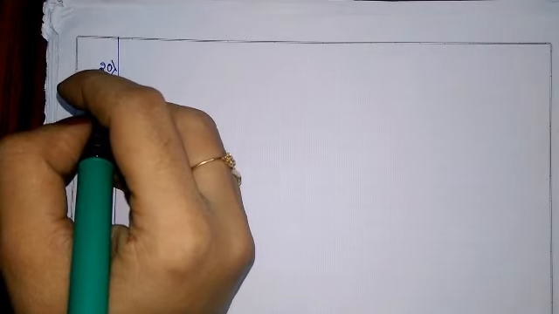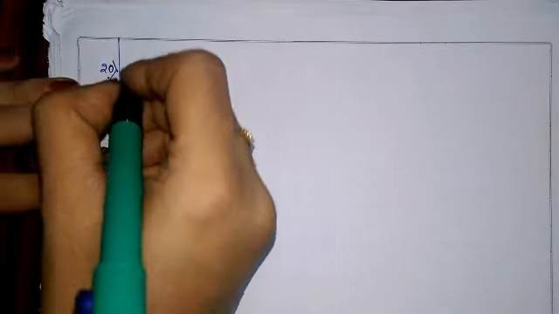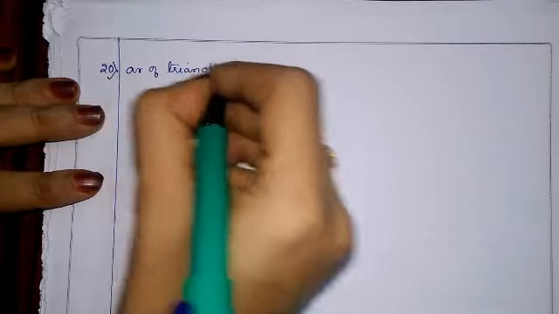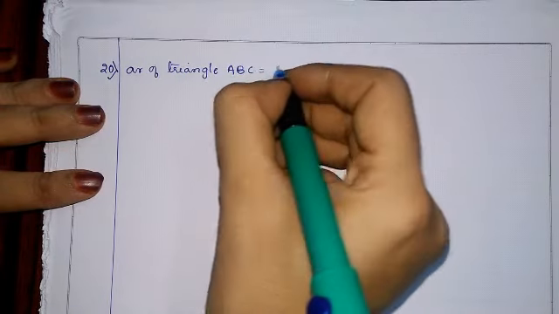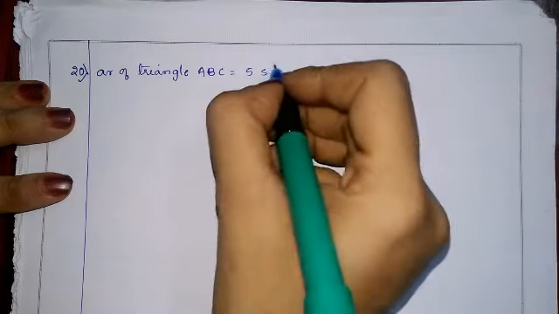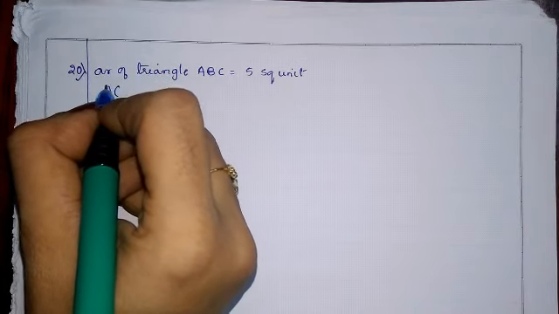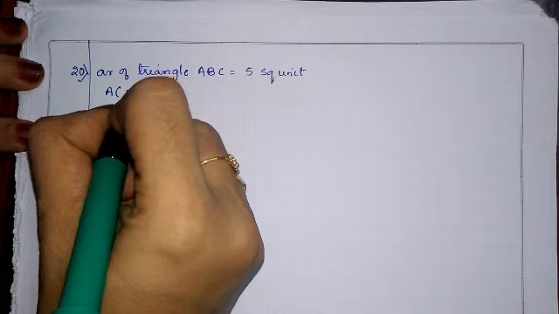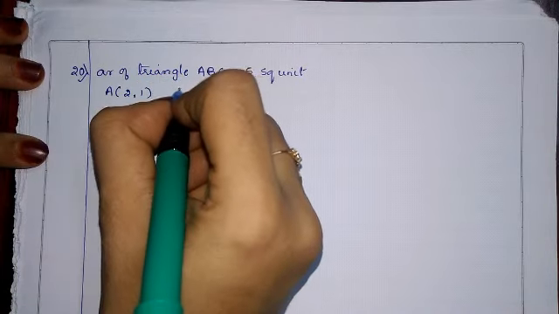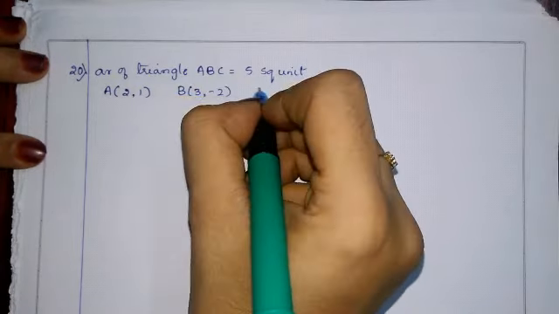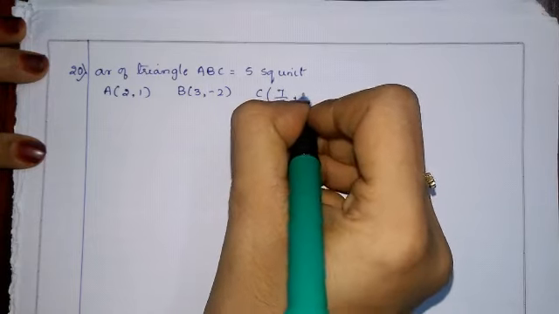So what is given? Question number 20: area of triangle ABC is equal to 5 square units. The first 2 points, A (2, 1) and B (3, -2), and the third vertex is C (7/2, y).